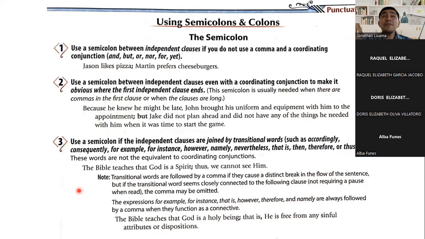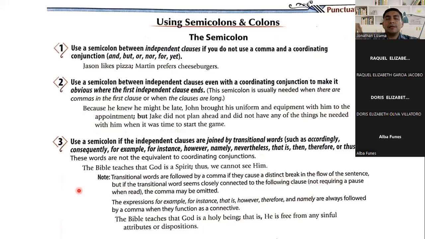Second one, when I had four clauses, two dependent, two independent, one independent or dependent or mixed, right, at the beginning and the same at the end. So if you had four sentences talking about the same idea, you need a semicolon and you need a coordinating conjunction, but you don't need any comma after the coordinating conjunction because only when you're using a transitional word, you're going to be adding commas.